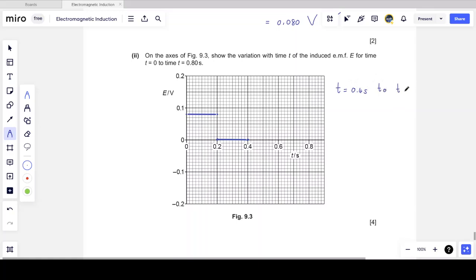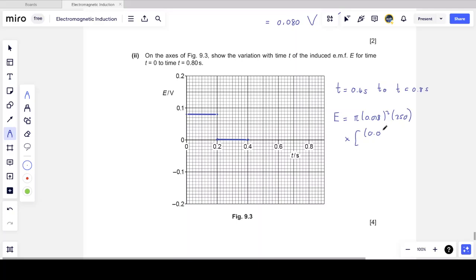So from t equal to 0.4 seconds to t equal to 0.8 seconds, what I can do is I can say, well, E is equal to, wait a minute, the same calculation I did before, pi times 0.018 squared times 350 and multiplied by, wait, the change in the magnetic field is the same.